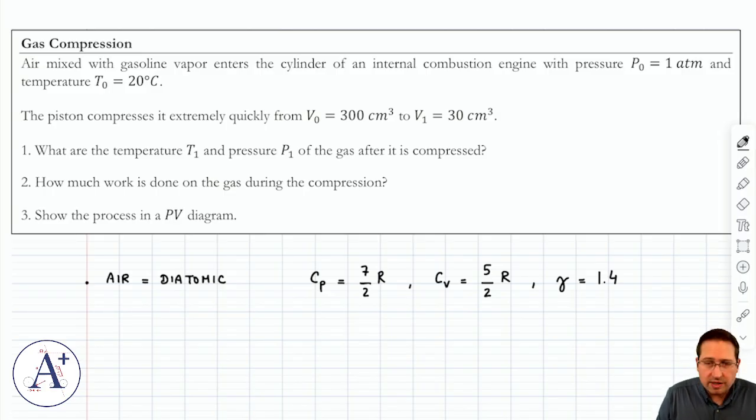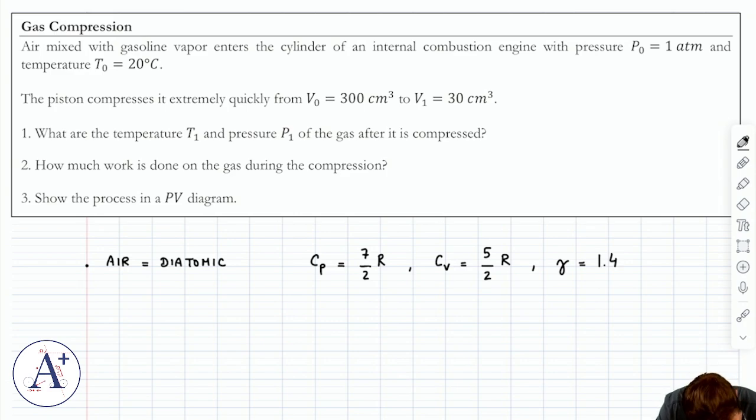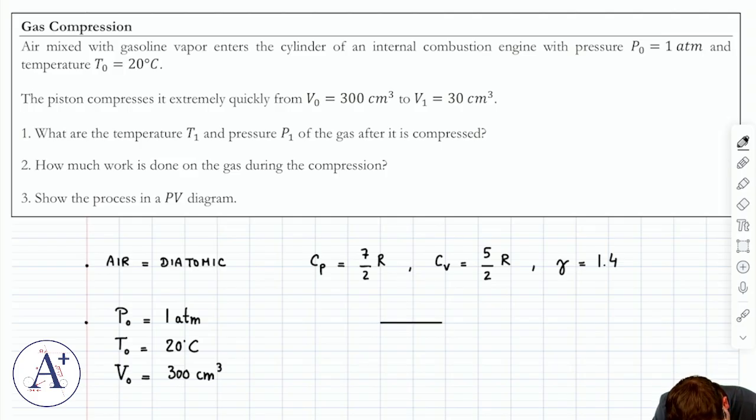Then, what else do I know? Well, I know that I start with the pressure P0 is 1 atm, a temperature T0, which is 20 degrees, and a volume V0, which is 300 cubic centimeters. And then after a very quick compression, or an extremely quick compression, I get P1, V1, and T1.